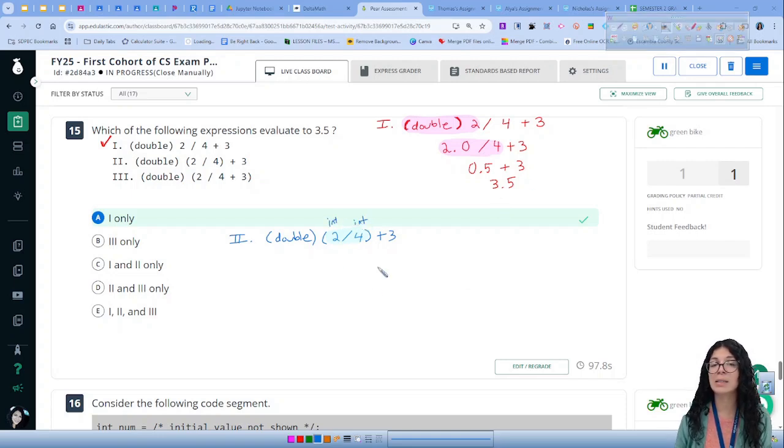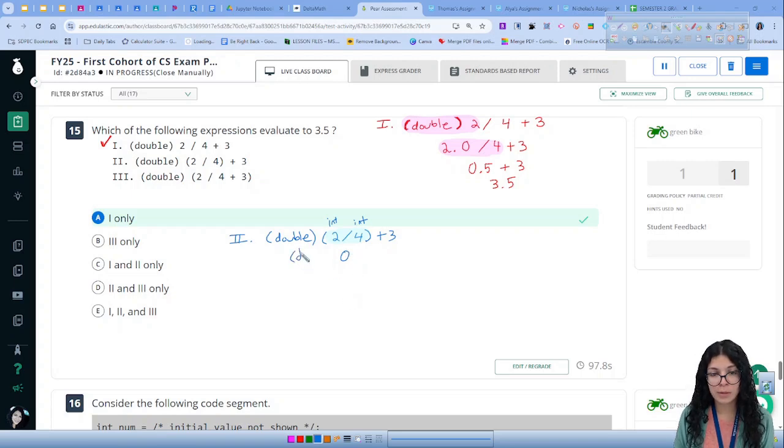And an int divided by an int in Java is an int. So normally 2 divided by 4 would be 0.5, but since it is going to be an int result because of the integer division, it would just be 0. It would truncate the 0.5.